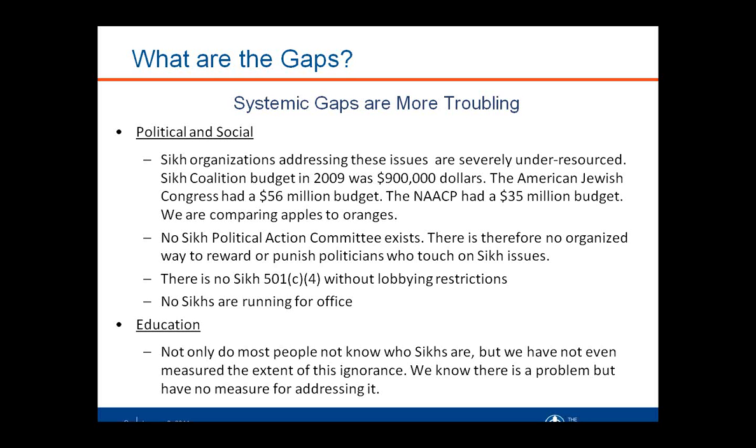We just don't know because we've never done that sort of deeper engagement, polling, testing to get a sense of the extent of the problem that we need to address. Many of the issues, or perhaps all the issues I've discussed today, could be solved if people understood who Sikhs are.